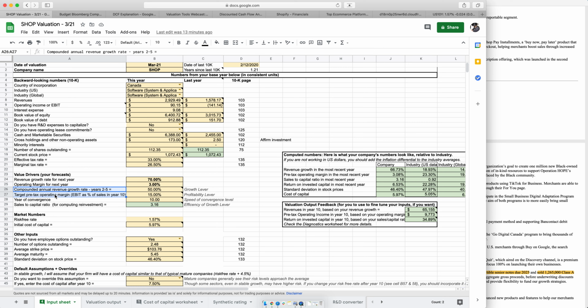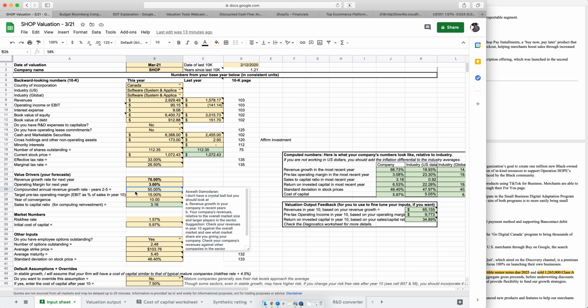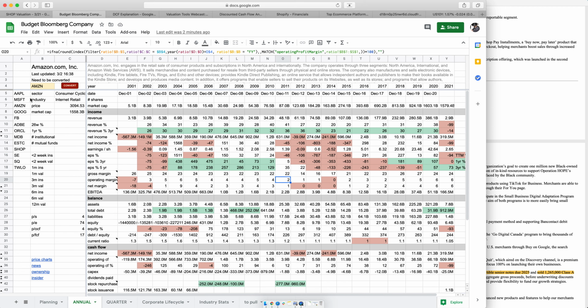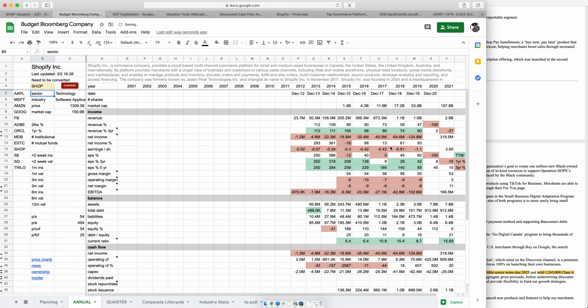Then after that, you are trying to calculate what that's going to be even further out than next year. So what is the revenue growth rate going to be in years 2 to 5? In this case, especially because for revenue growth, if you look at Shopify, they have been sort of leveling out, right?